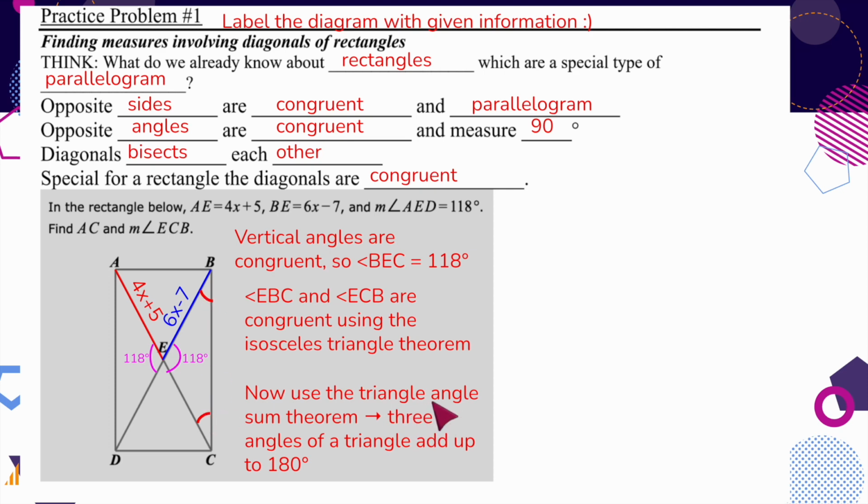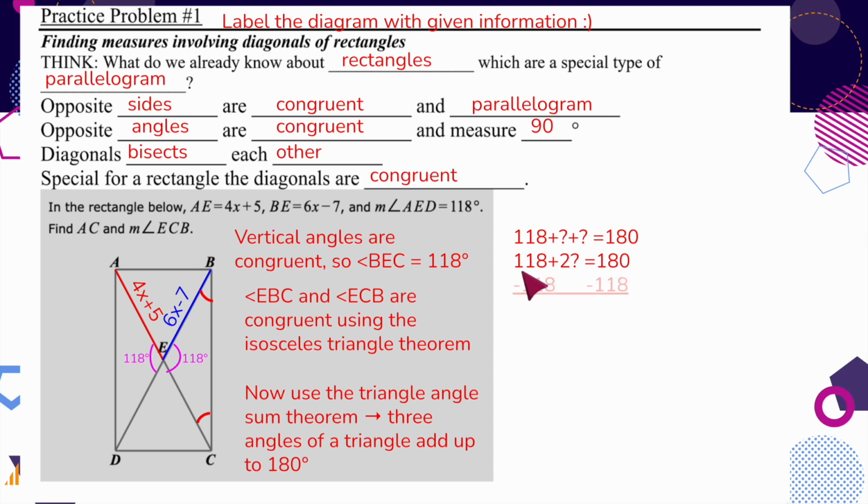Even though I don't know the two angles here, I know that they're equal to each other. The triangle angle sum theorem says that all three angles of a triangle have to add up to 180 degrees. So 118 plus question mark plus question mark equals 180 degrees. I don't know what they are, but I know they're both the same, and I'm just using question marks to be funny here. So 118 plus 2 question marks equals 180 degrees.